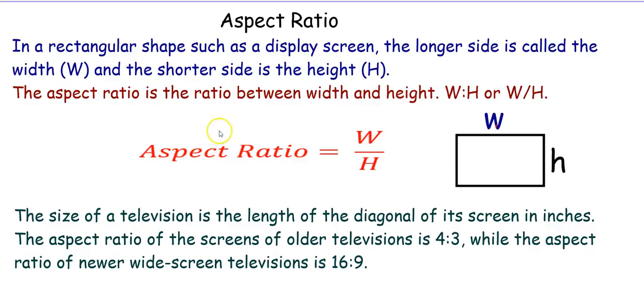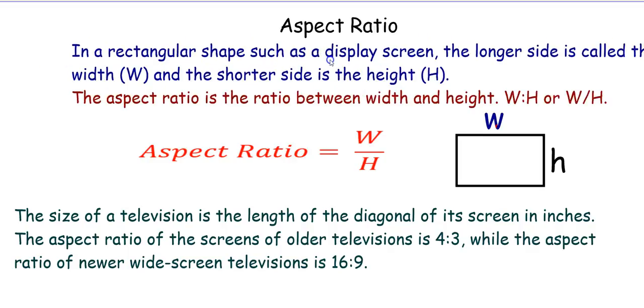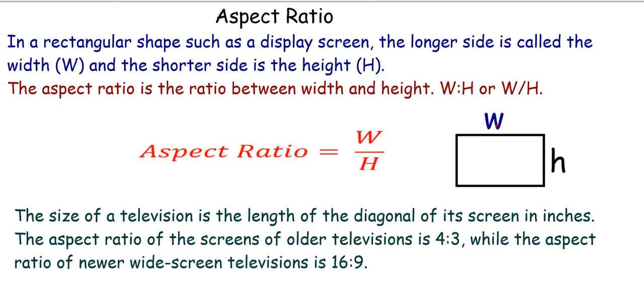Okay, in this video we are going to learn about aspect ratio. In a rectangular shape such as a display screen, the longer side is called the width and the shorter side is the height. This display screen can be anything, like a computer monitor, your smartphones or televisions.